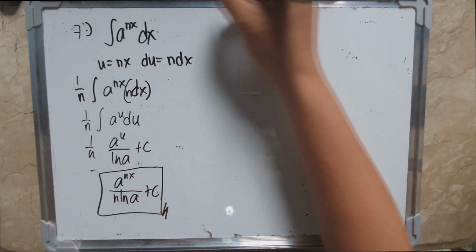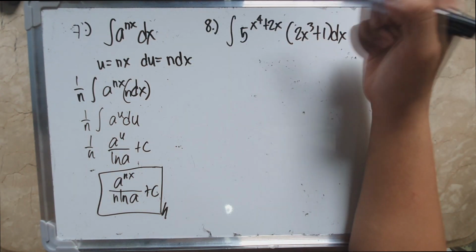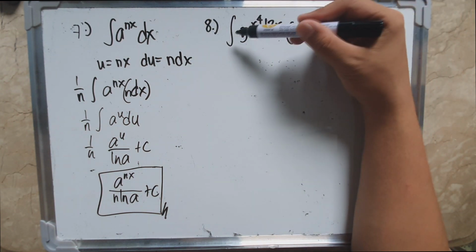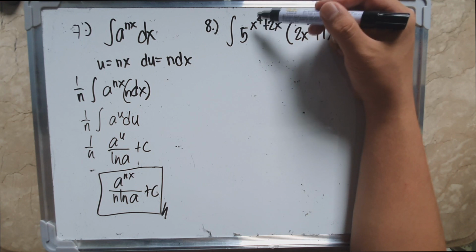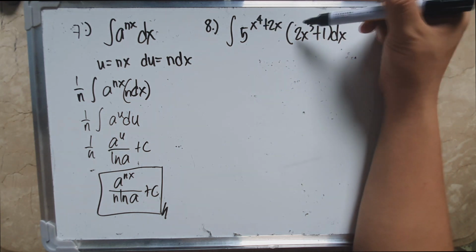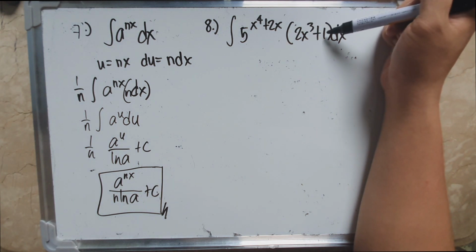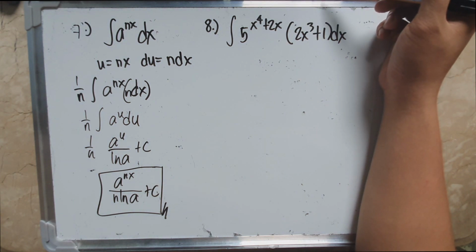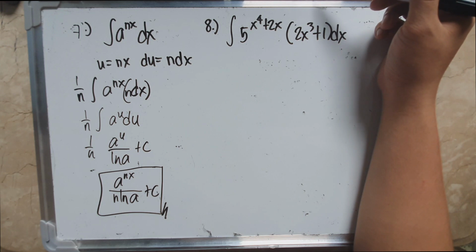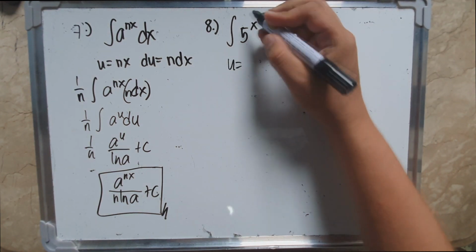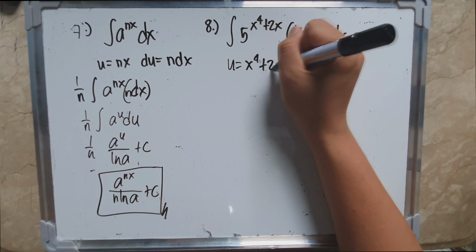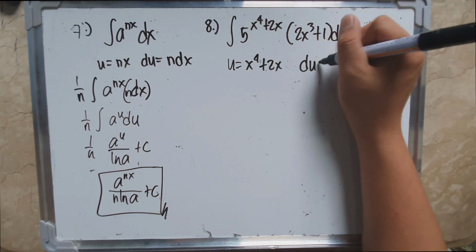Now, number 8. Okay, so number 8, if we have the integral of 5 raised to the power of x to the 4th plus 2x times 2x cubed plus 1. Okay, so we will try to assume again this one as the value for the u. X to the 4th plus 2x, the derivative of the u.